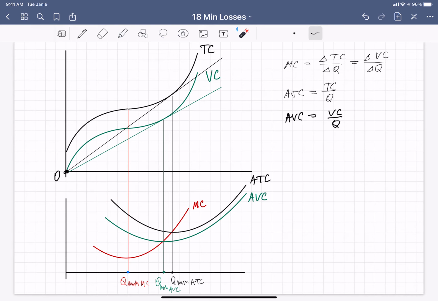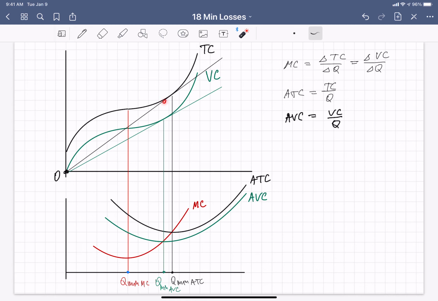Another important thing we need to notice here is that MC and ATC intersect exactly at this point, and it's not a coincidence. In fact, you can see that MC intersects ATC at its minimum. And again, it's not a coincidence, because if you think about it, the smallest ATC we get is with the line that just touches our total cost curve. And as it touches this curve, it means that it has exactly the same slope as the tangent line that represents marginal cost.